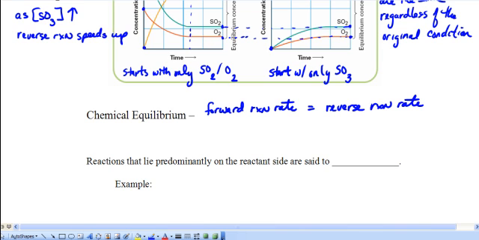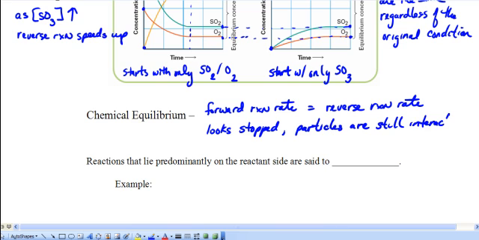At that point, the reaction looks stopped, but the particles are still interacting.